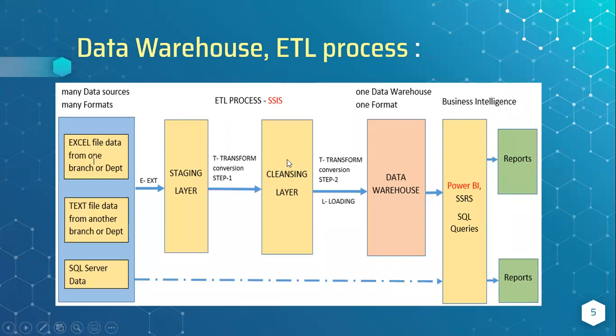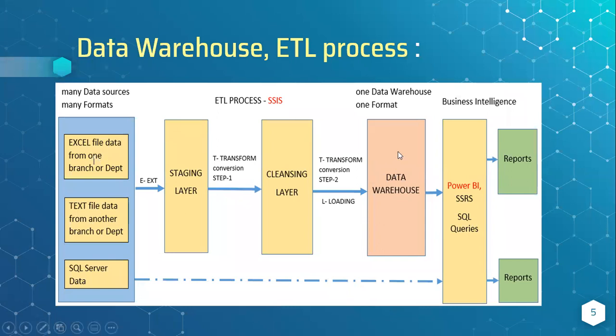Again, we are reading data from the cleansing layer, applying some data conversions and writing the result into the data warehouse. We are moving data from data sources to layer 1, again from layer 1 to layer 2, and from layer 2 to the data warehouse.